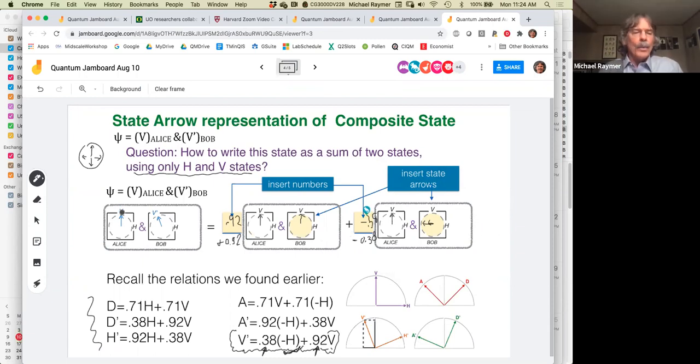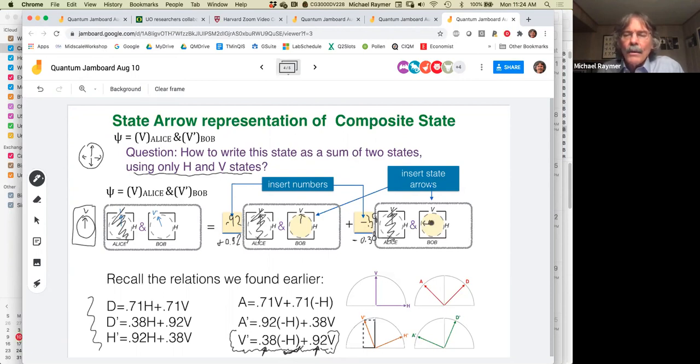And the way you can see that once you see it is because Alice's state is the same. I could just stick that out here and say Alice is V, and then I could just cross it out from here, here, and here. And now we're just decomposing Bob's state, or re-expressing Bob's state. So V prime is equal to 0.92 V minus 0.38 H. Actually, little correction here.